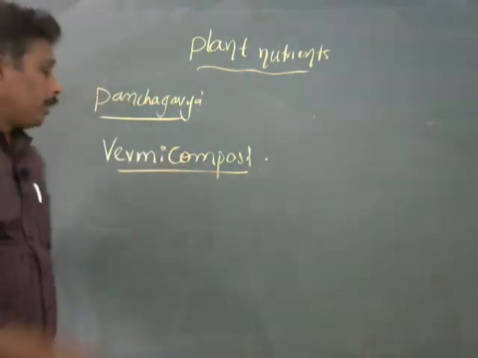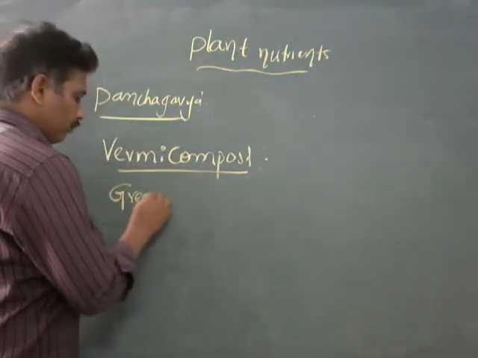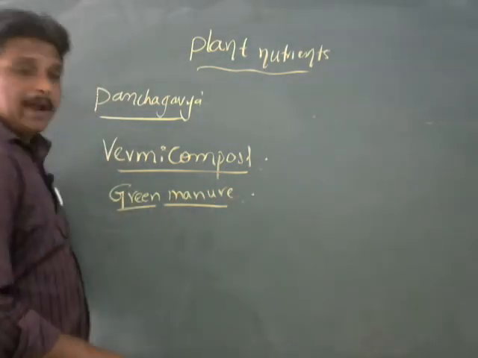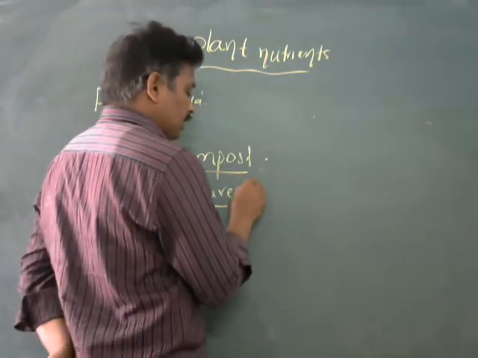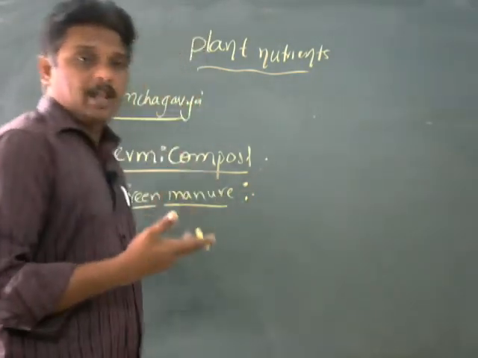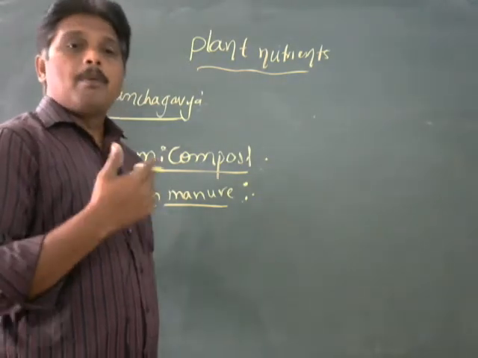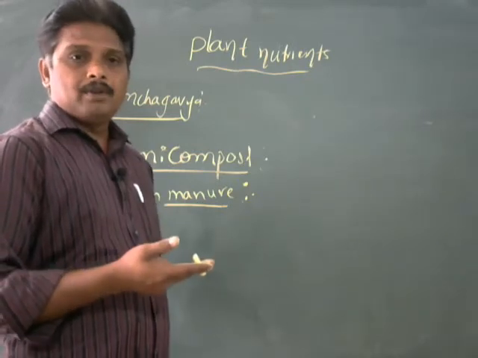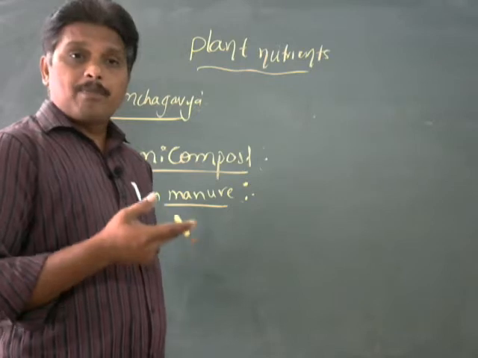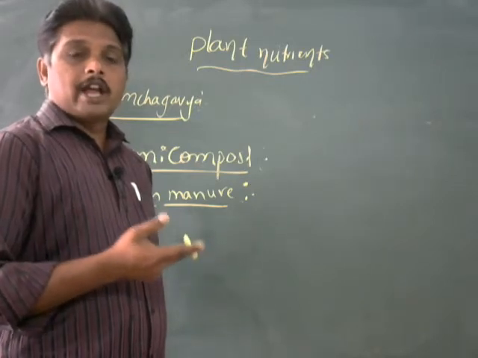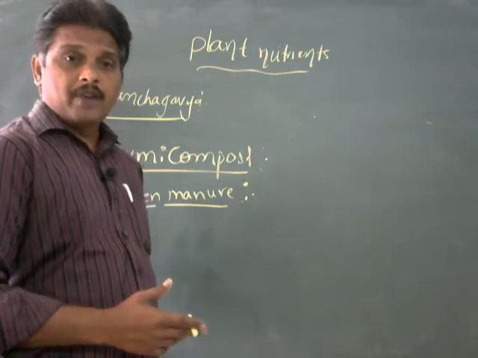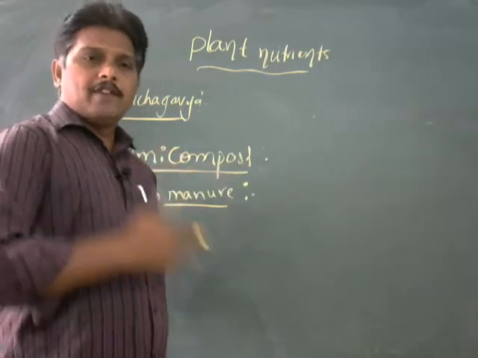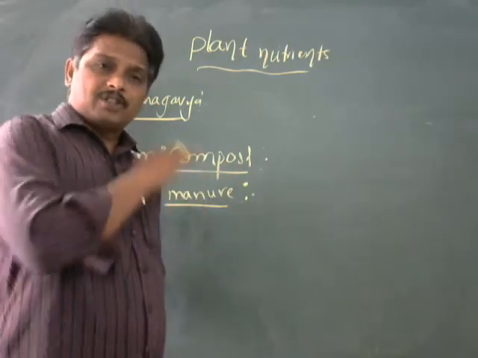Apart from this, green manure. Green manure means certain types of leguminous crops. Leguminous means pulse family plants: red gram, green gram, black gram, lobia, tencha, kulti, sunhemp. Such plants can be grown in the crop field before growing the crop, and after they reach a certain height, farmers give water to the field and plow the plants back into the soil.